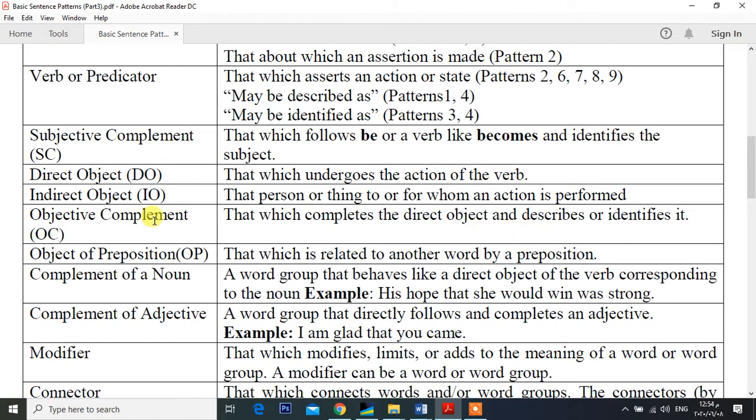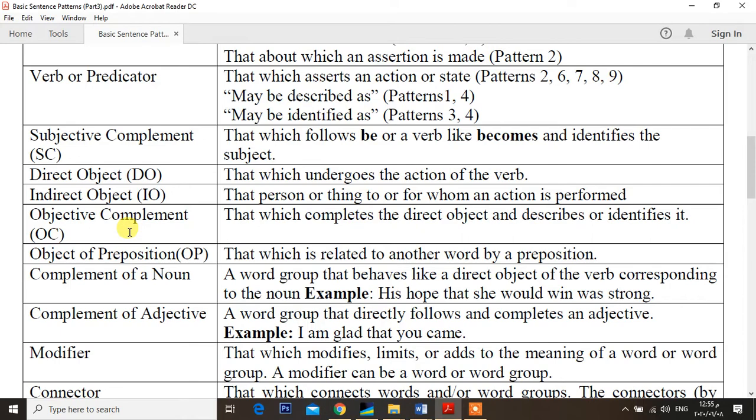The next, objective complement, OC. The function of this objective complement is what? That which completes the direct object and describes or identifies it. For example, when we say hard practice made Ali a good student. Here the objective complement is a good student.